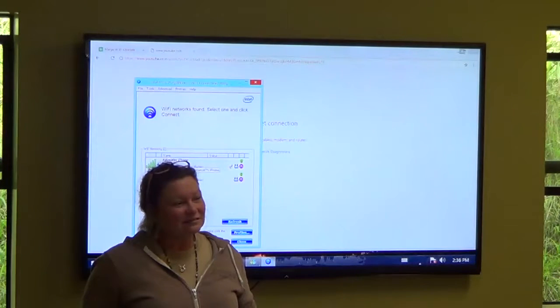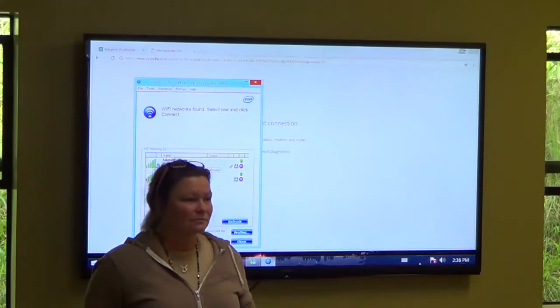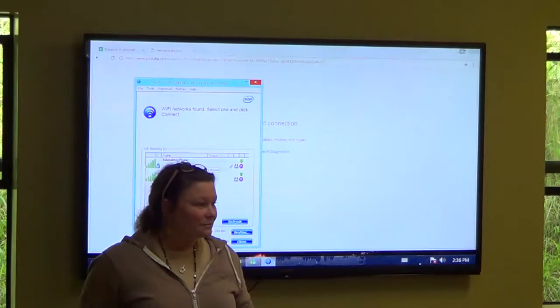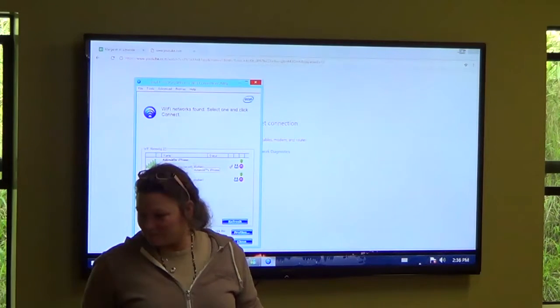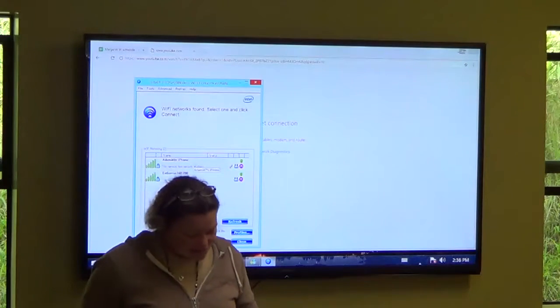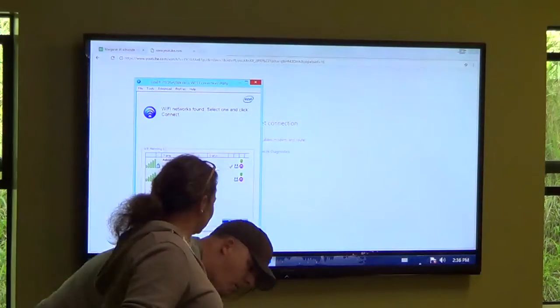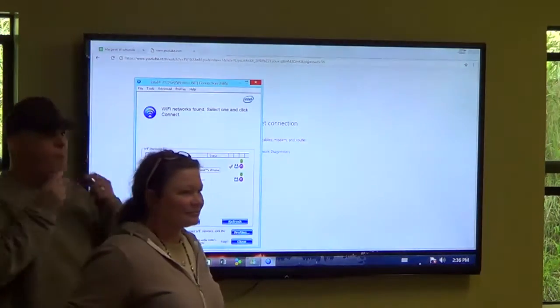No, it's not HDMI, it's the Ethernet. That's how we watch the Olympics. I'm not kidding. Let's try it. We're sticking with just having to move the laptop over here.